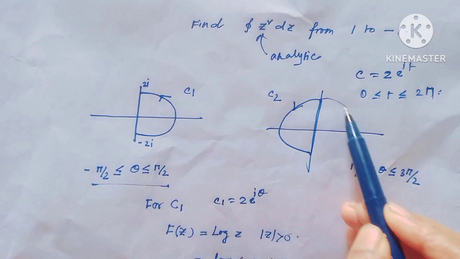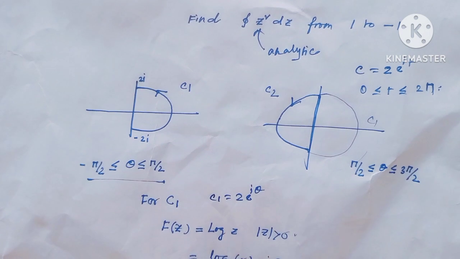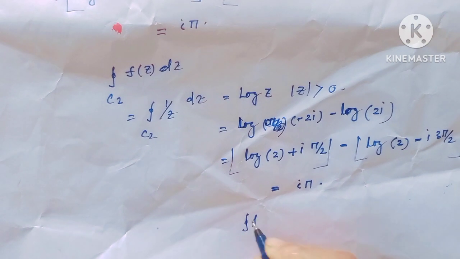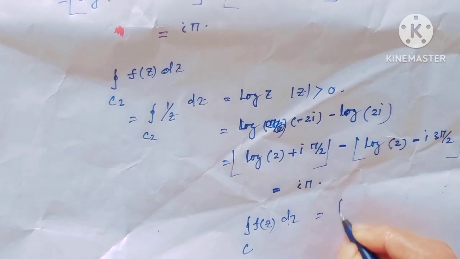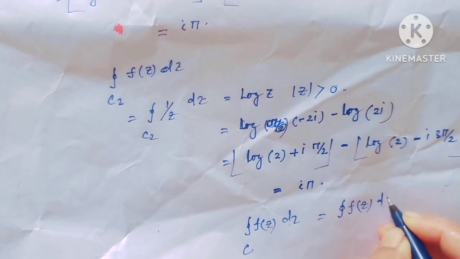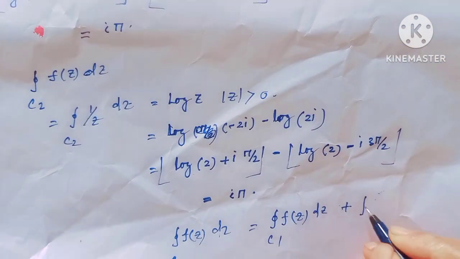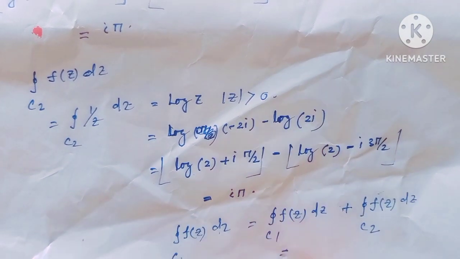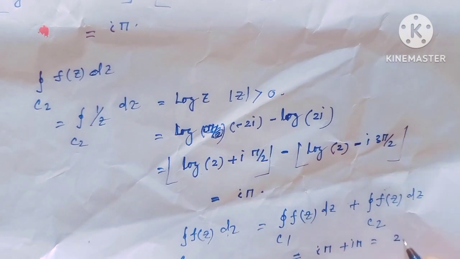Then this would be the whole circle. This is the c1, this is the c2, and this is the whole circle c. Then the value of the integration along c, for f(z) dz along the whole curve, is equal to f(z) dz along the curve c1 plus f(z) dz along the curve c2, and this value is equal to i pi plus i pi, which is equal to 2 i pi.